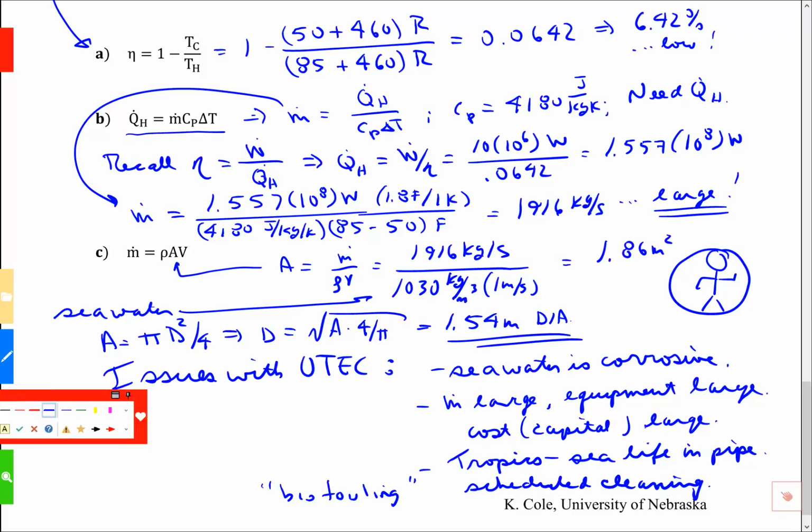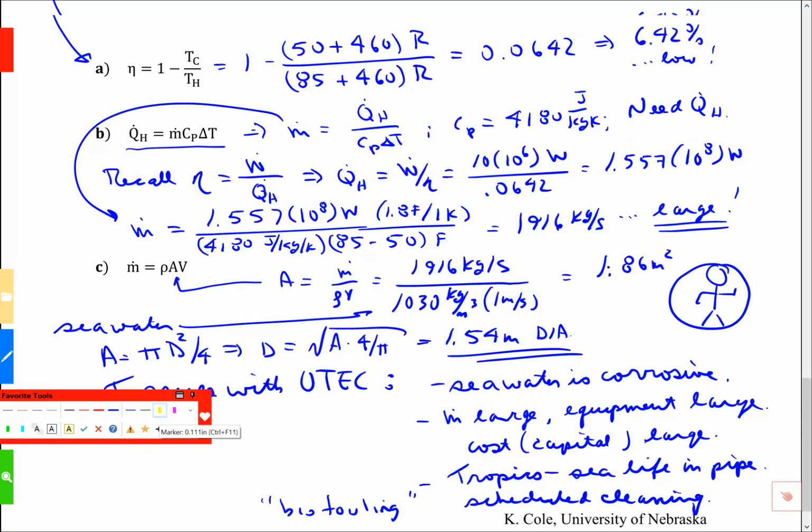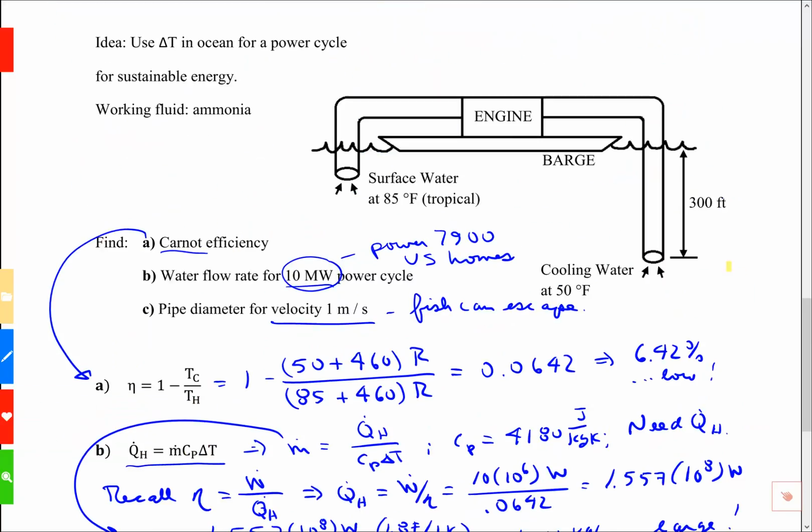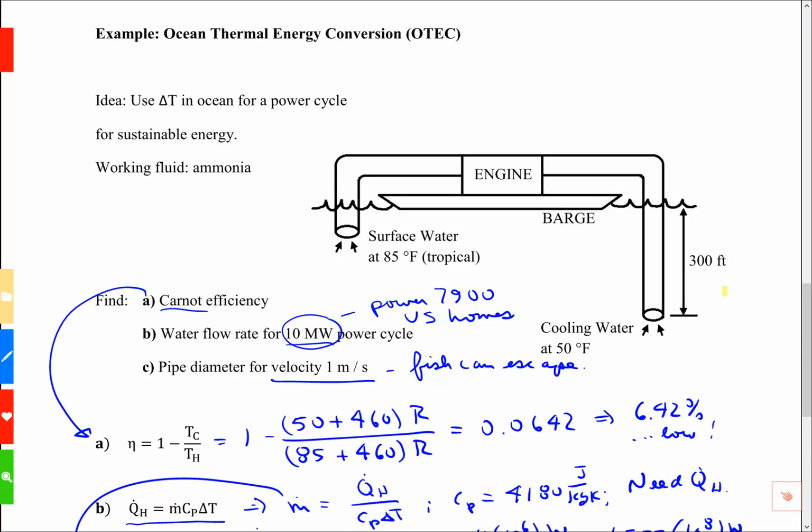All right, let's recap. We've got an ocean thermal system where it's sustainable energy because the heat comes from water, which is just sitting there. We can pump it. The efficiency is low, however, because the temperatures are close together. Those temperatures aren't very far apart.